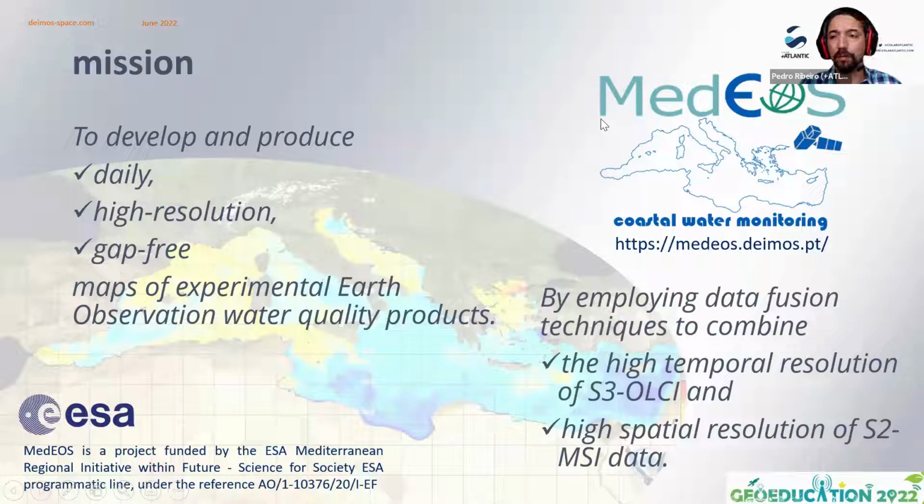As probably most of you know, Sentinel-2 has a spatial resolution of about 20 meters, but it only covers the Mediterranean around every 5 days, while Sentinel-3 is a daily product. We have daily results from it, but it has a 300-meter spatial resolution.